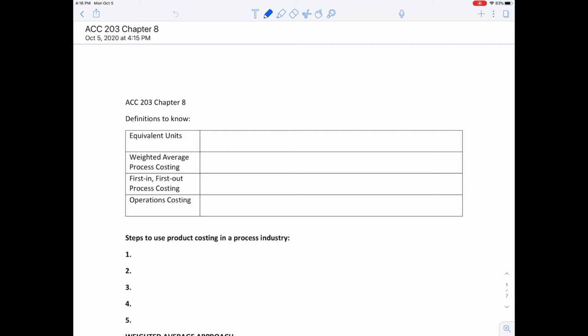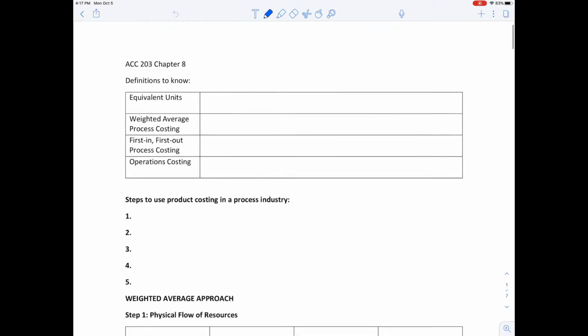So I'm going to walk you through just some quick examples, walk you through the process, give you some examples, show you a couple ways to do some of the items, and hopefully it will make more sense.